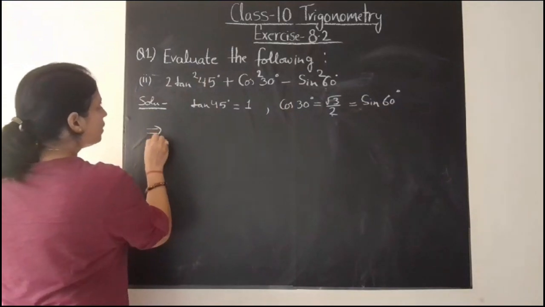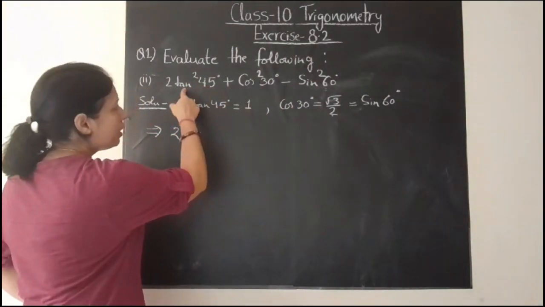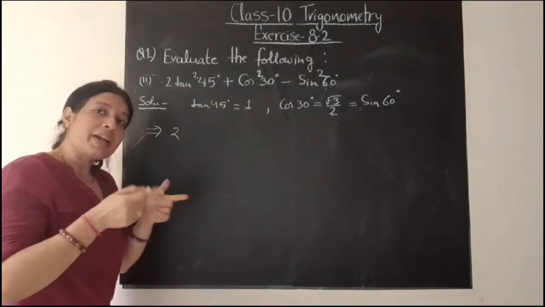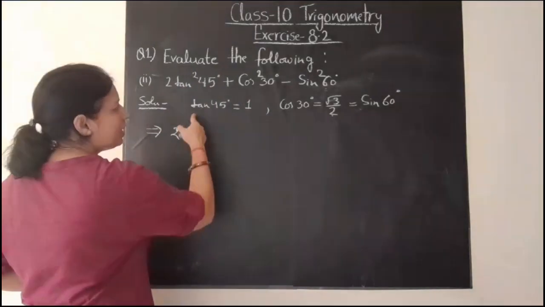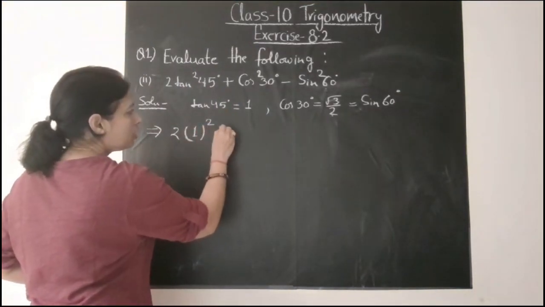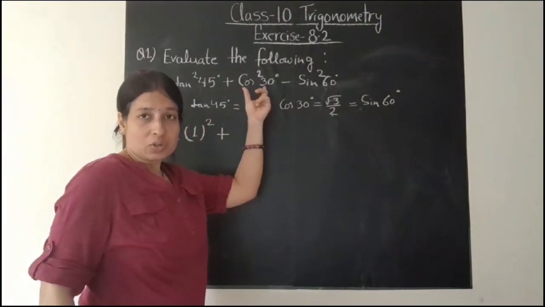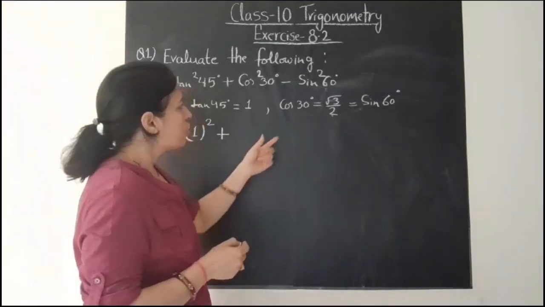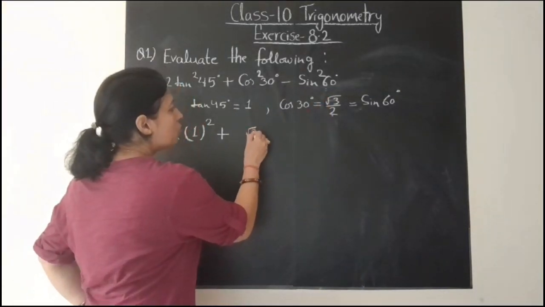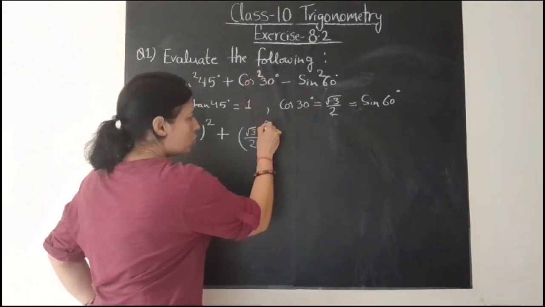So we will get 2 tan 45 is equal to 1. Here tan square 45 degree means square of tan 45 degree. So tan 45 is equal to 1, so square of 1, plus cos square 30 degree means square of cos 30 degree. So cos 30 degree is equal to root 3 by 2.